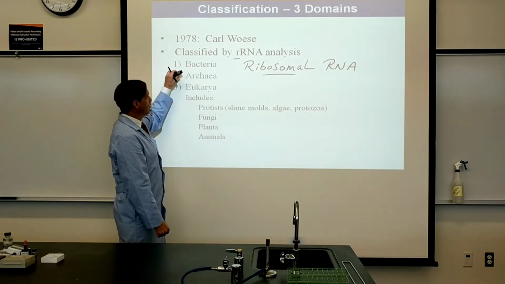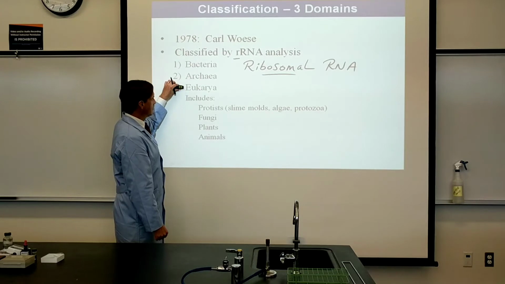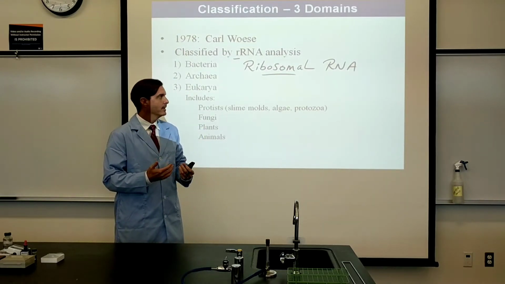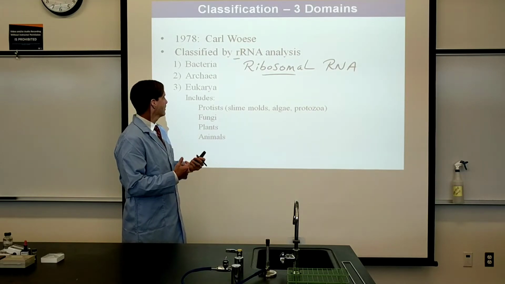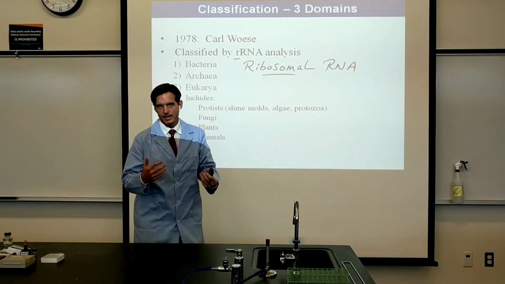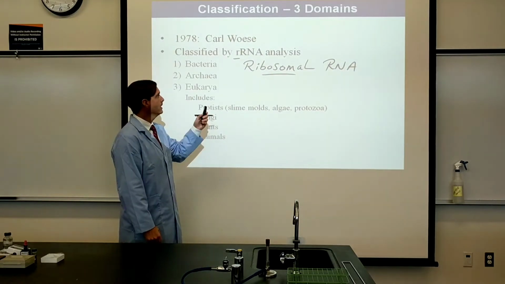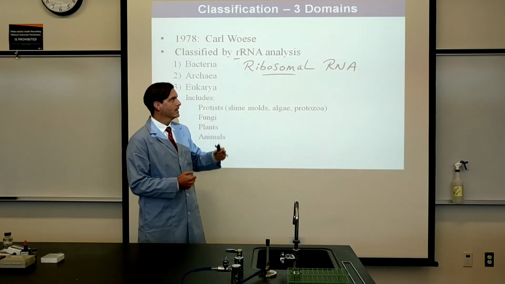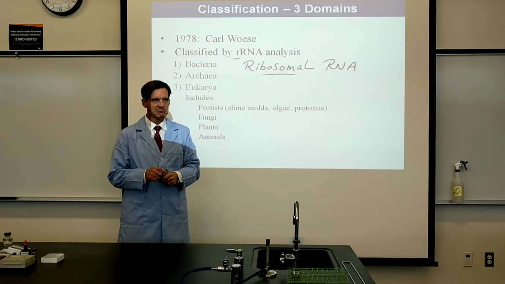And when Mr. Woese was looking at eukarya, the eukarya are, oh, I'm sorry, I skipped over archaea. When Mr. Woese was looking at archaea, archaea were known to be a lot like bacteria, but at the genetic level, their ribosomal RNA was significantly different.